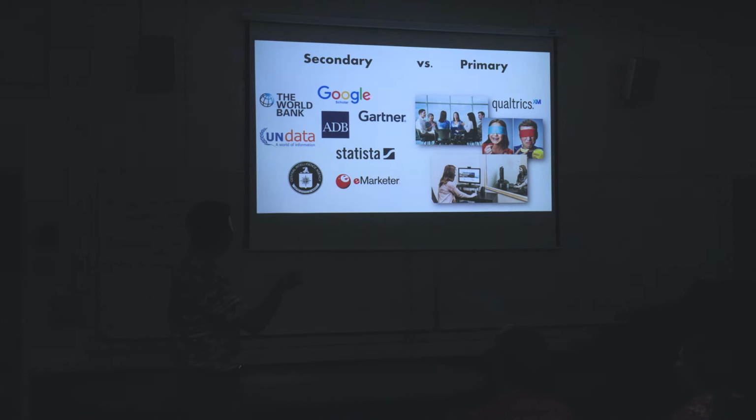Okay? So Gartner, like eMarketer, these guys, Statista, they sell data because they want to make money. They collect data and then sell it. It's very expensive, of course, but that's their business model. So generally, if somebody did a research for you, if you were trying to use it, that's called secondary data.